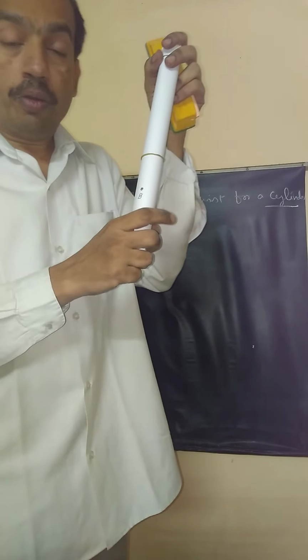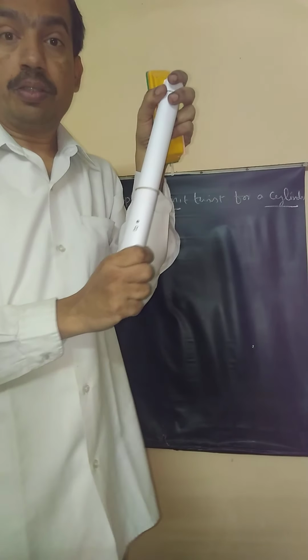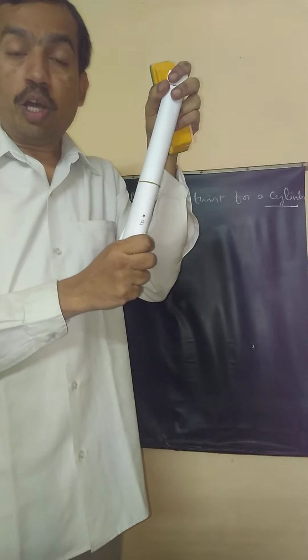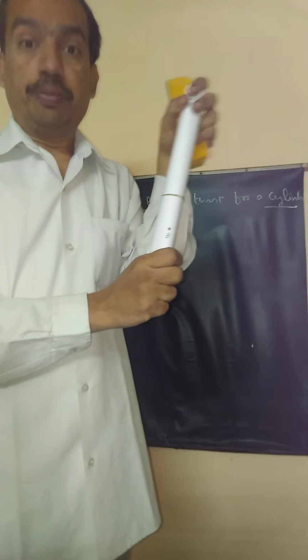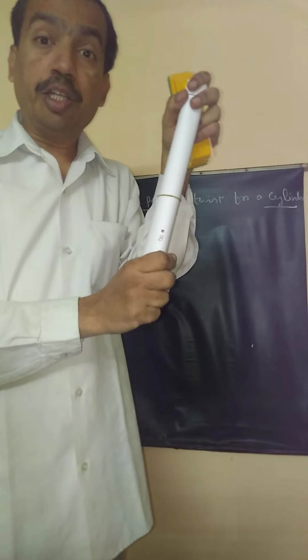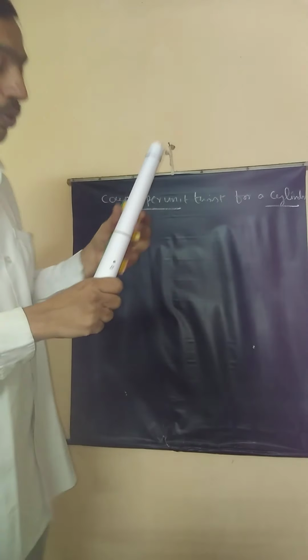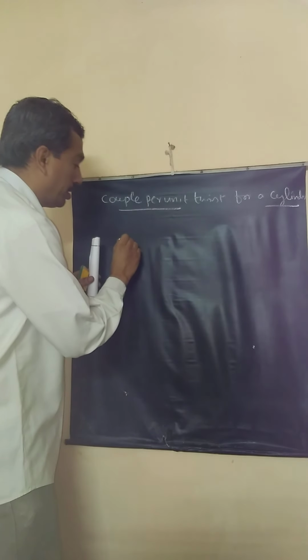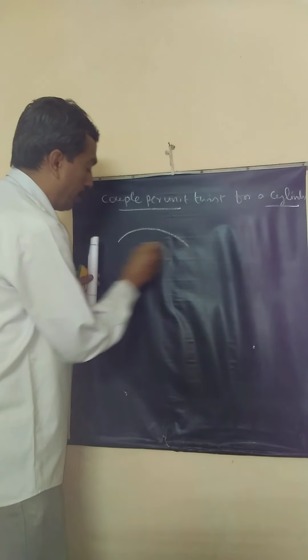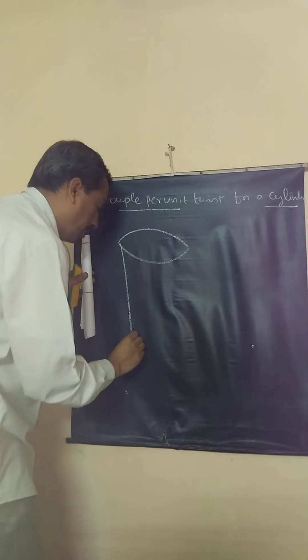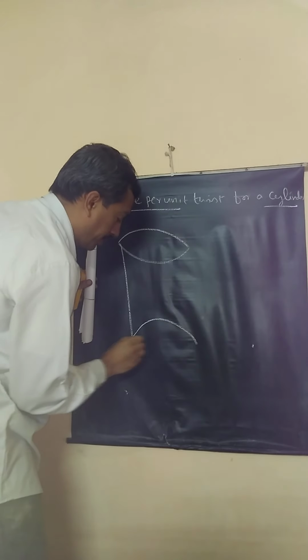Okay? So this cylinder, when you apply a couple, gets twisted. We will now find the expression for the torque on this cylinder. Torque is couple. Okay? Determination of couple is the objective of this derivation. Now, I'll imagine this cylinder of radius x. The upper end of the cylinder is fixed.